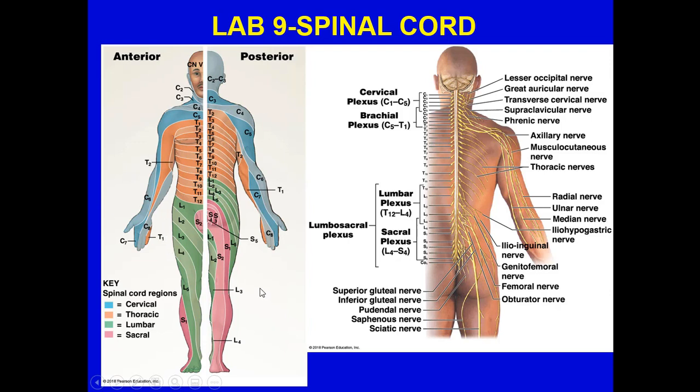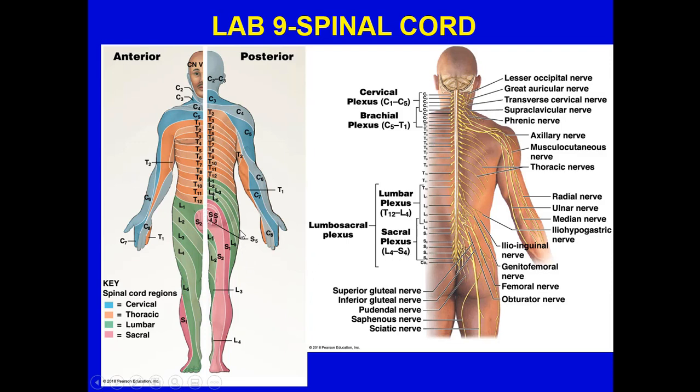So you can see how we move from the cervical to the thoracic, and then as we get lower, you have a lot more on the back side for the lumbar here. The back side for the lumbar on the front is taken up over here.